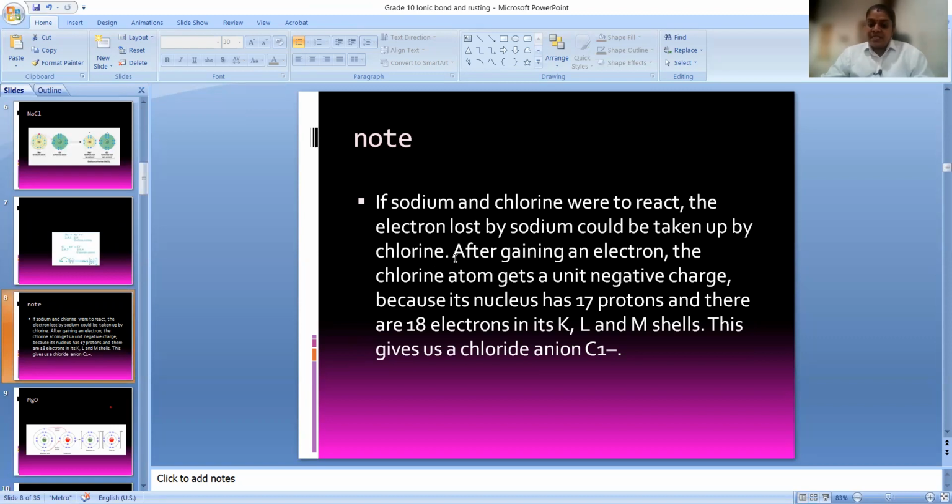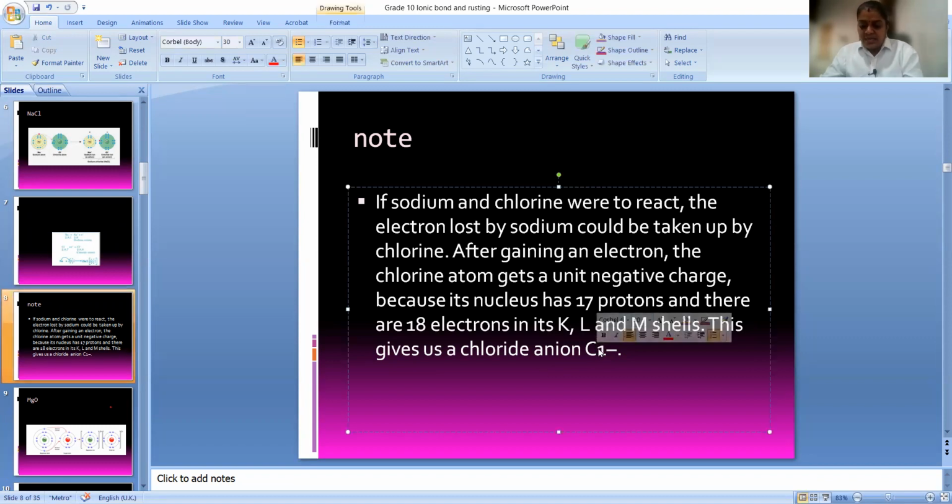After gaining an electron, the chlorine atom gets a unit negative charge because its nucleus has 17 protons and there are 18 electrons in its K, L, and M shells. This gives us a chloride anion, Cl minus 1.